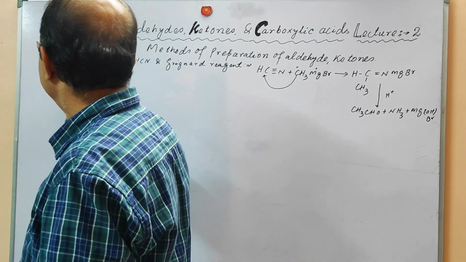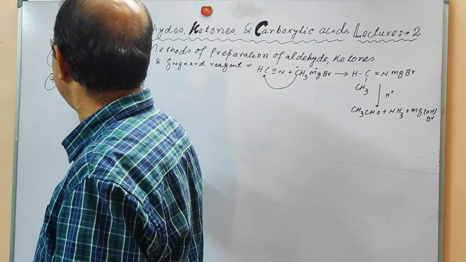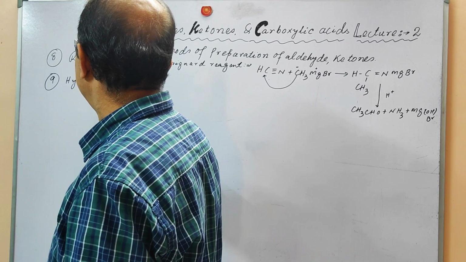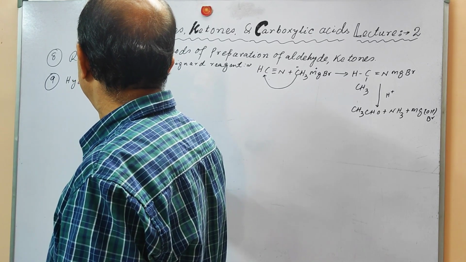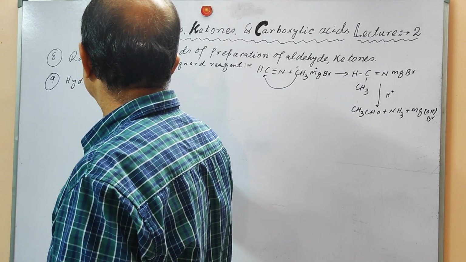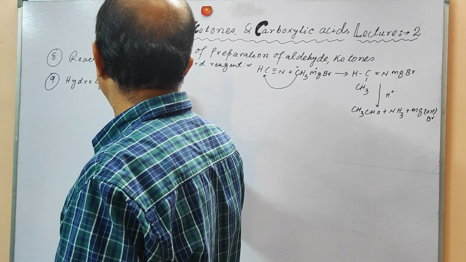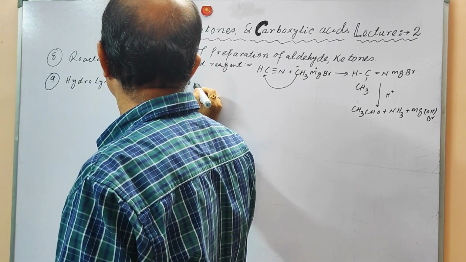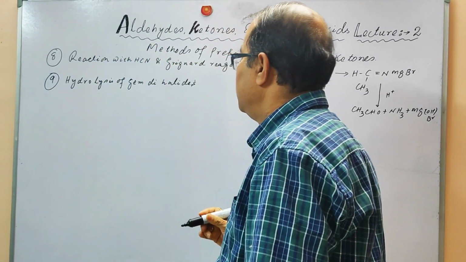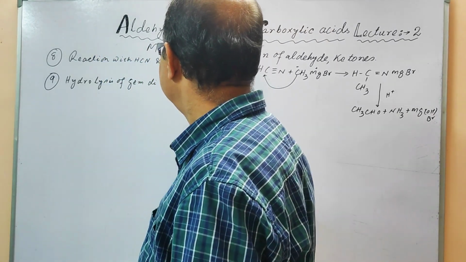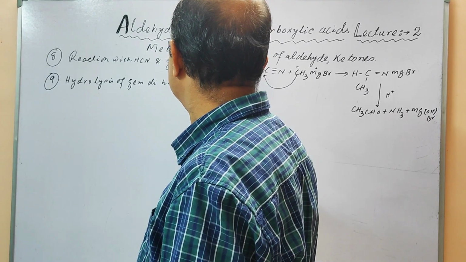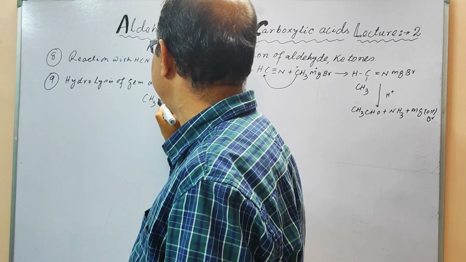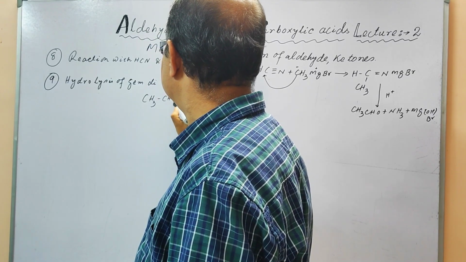Reaction number 9, that is the hydrolysis of gem dihalide. Gem dihalide means this, CH3CHCl2.